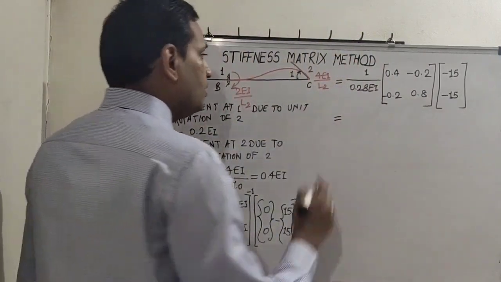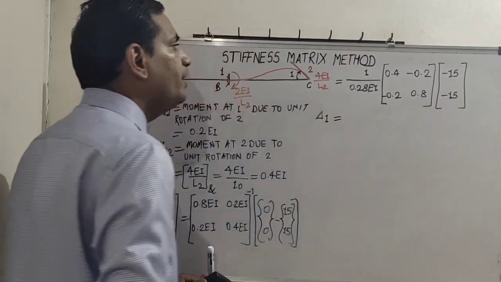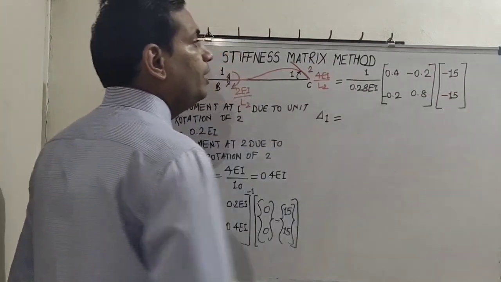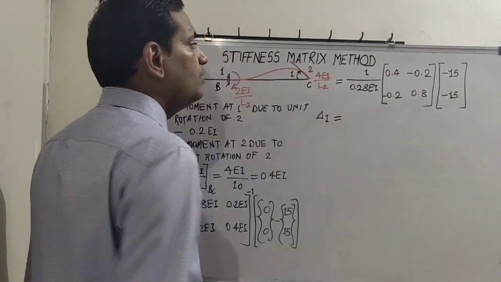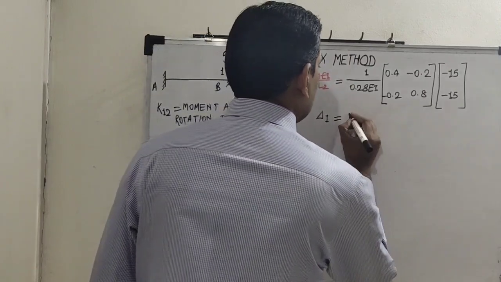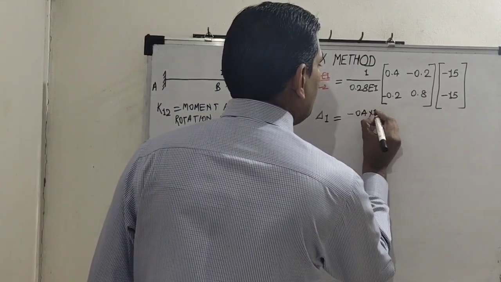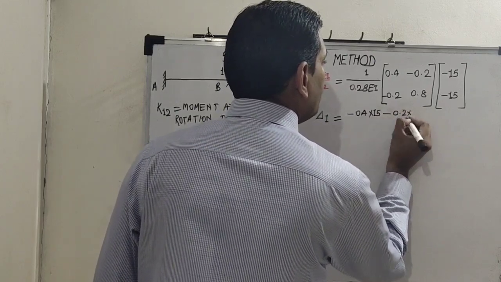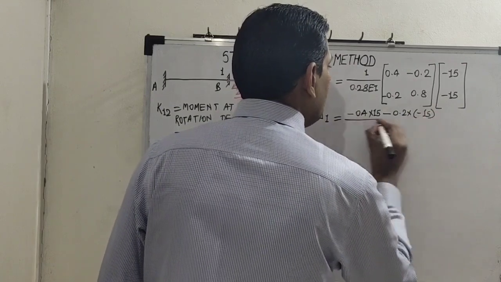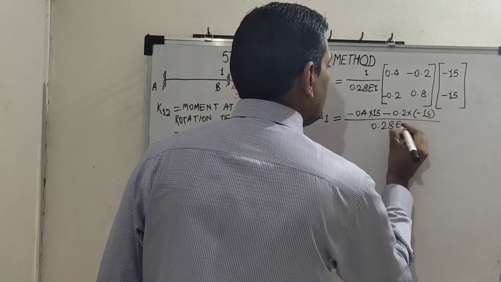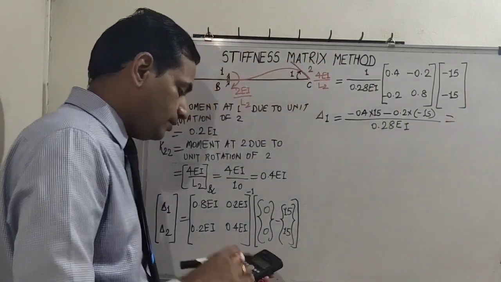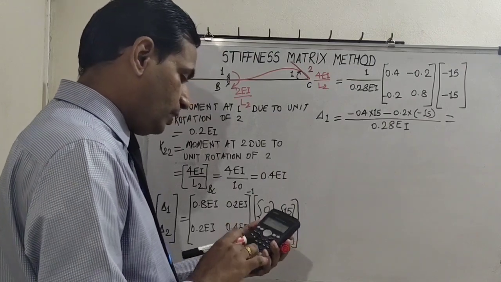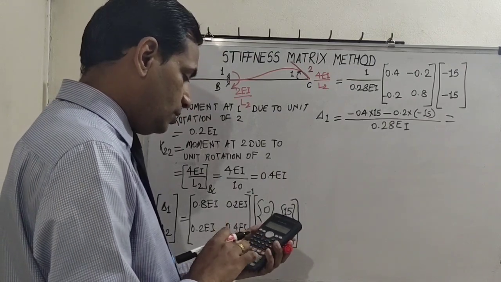Let us solve ahead. What will be delta 1? Multiplication of matrix divided by 0.28 EI. So minus 0.4 into 15 minus 0.2 into minus 15 divided by 0.28 EI. So let us calculate. Minus 0.4 into 15 plus 0.2 into 15 upon 0.28.